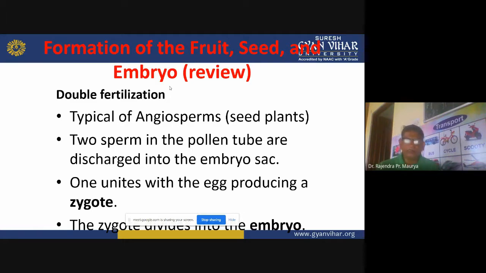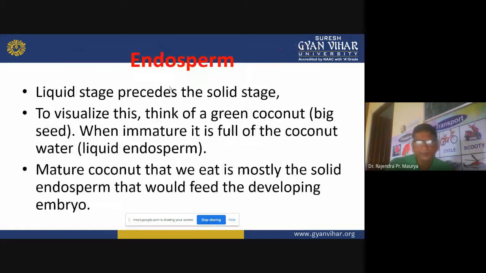So two sperm in the pollen tube are discharged into the embryo sac. One unites with the egg producing a zygote. The zygote divides into the embryo. Endosperm: the liquid stage precedes the solid stage.